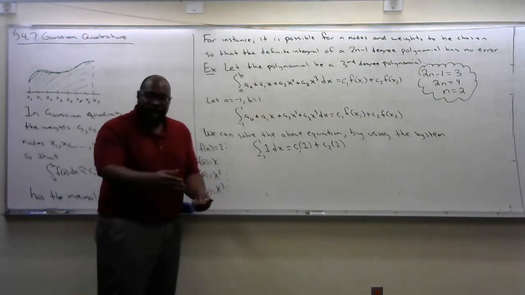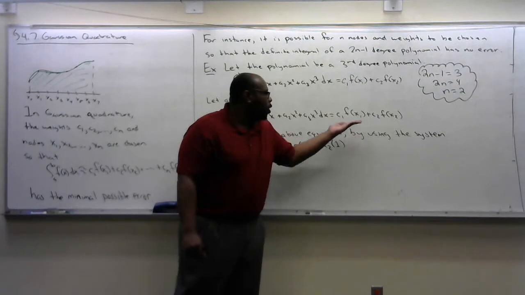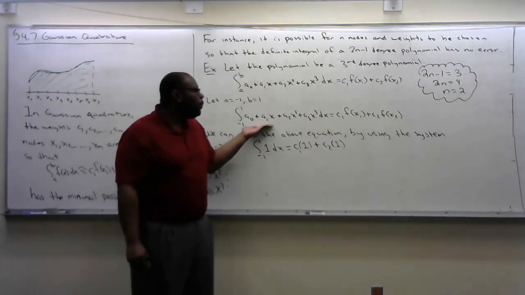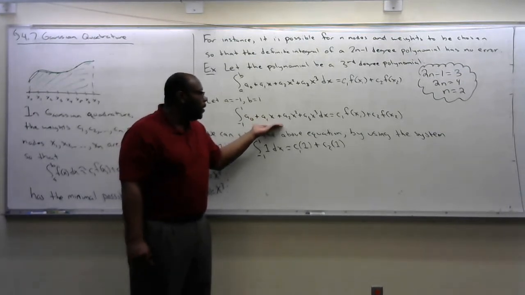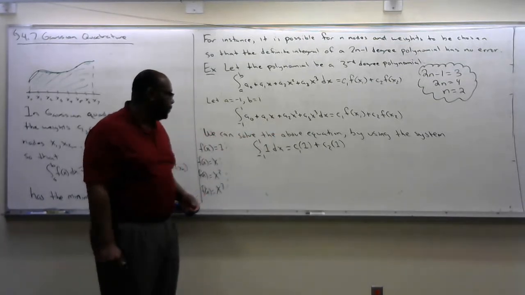So if a cubic degree polynomial is going to be equal to the right hand side, I should have 0 degree polynomials equal to the right hand side, 1 degree polynomials equal to the right hand side, 2 degree polynomials equal to the right hand side, and 3rd degree polynomials equal to the right hand side.